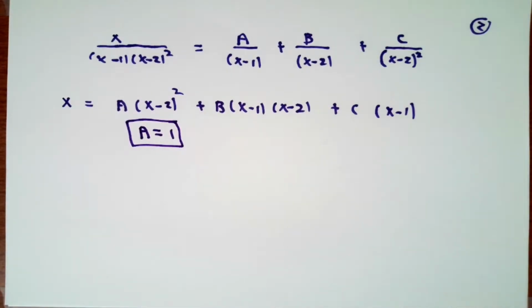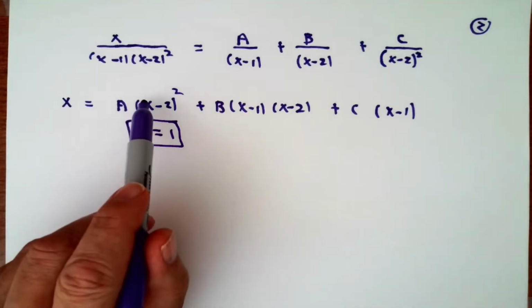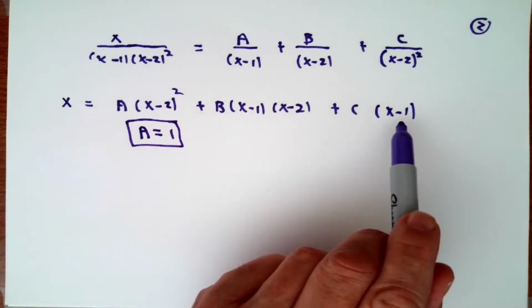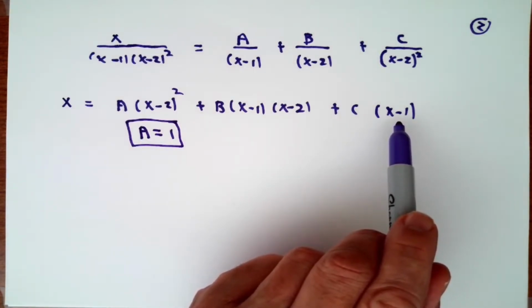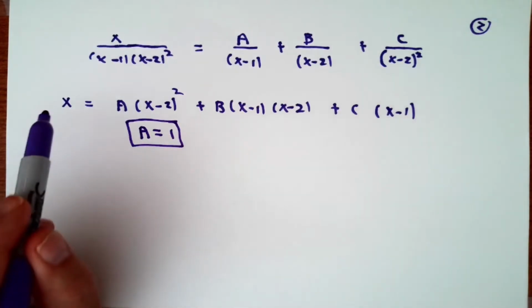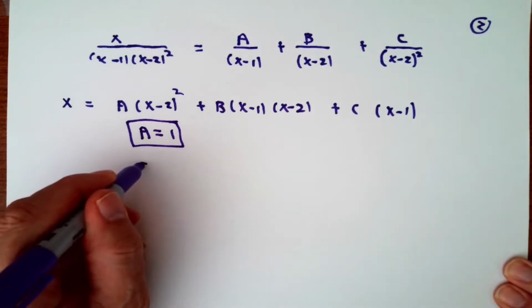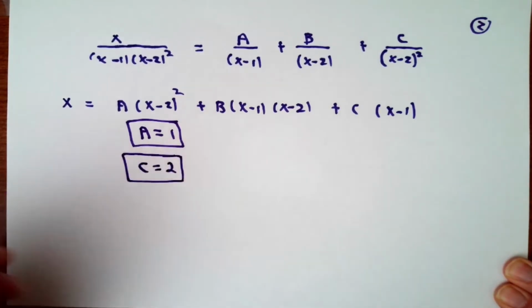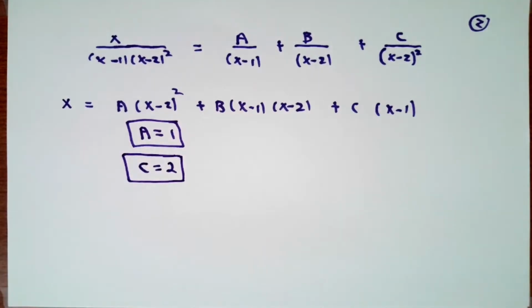If x is equal to 1, then 1 must be A times (negative 1) squared plus 0 plus 0. On the other hand, if x is 2, the first two terms are 0. 2 must equal C times (2 minus 1). 2 must equal C times 1. C must be 2.